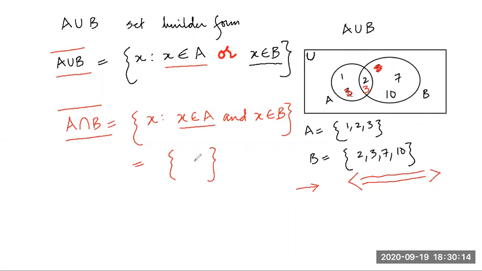But anyway, when I say A intersection B, it means x belongs to A also, and also, not or. Or, what will you become in life?